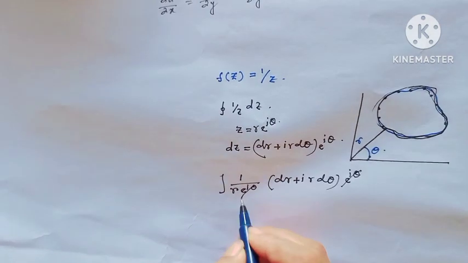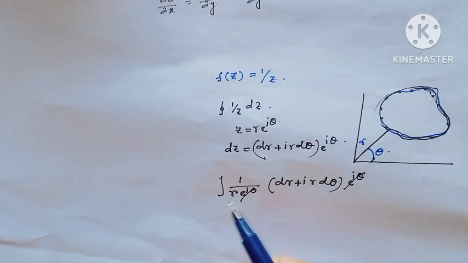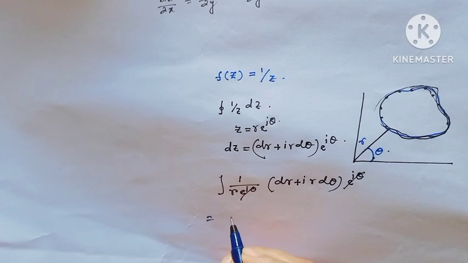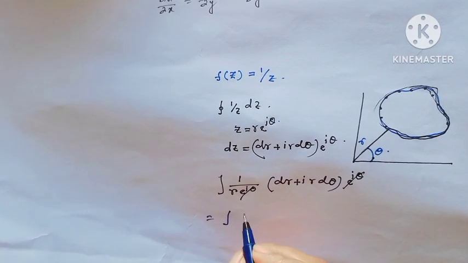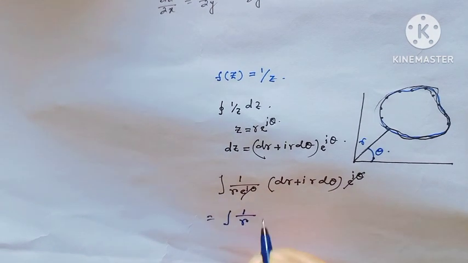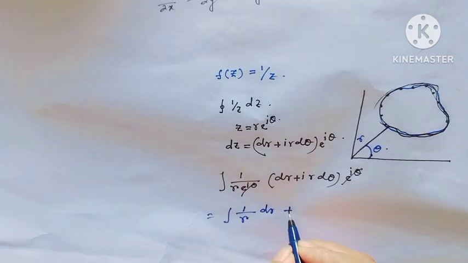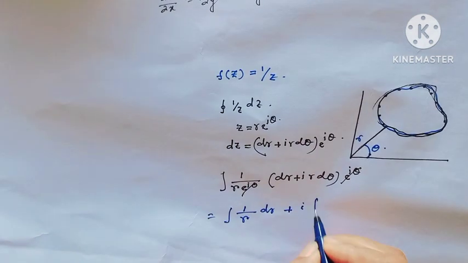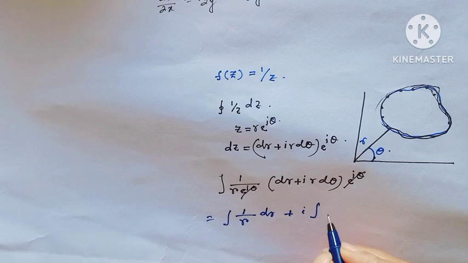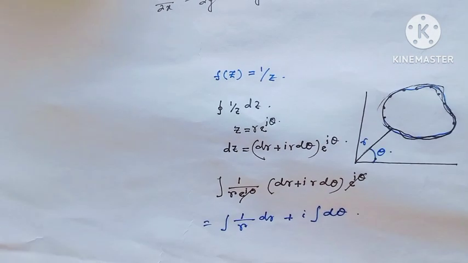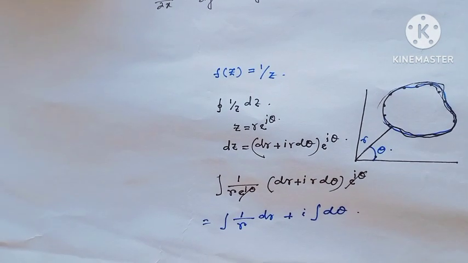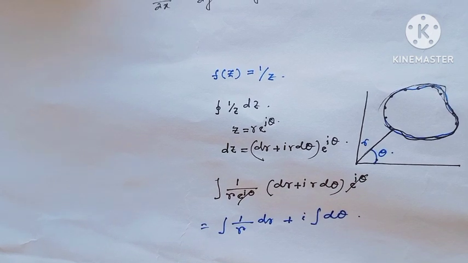Just cancel this part. Then this value would be the integral of 1/r dr plus i times the integral of dθ.